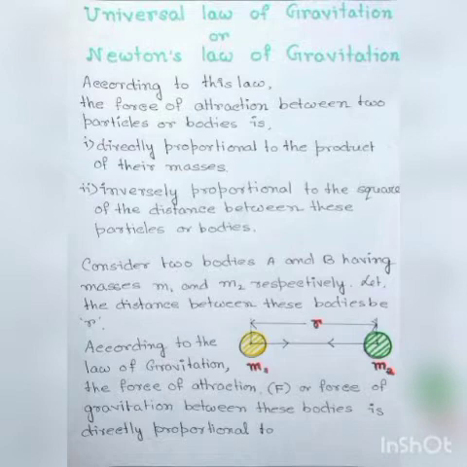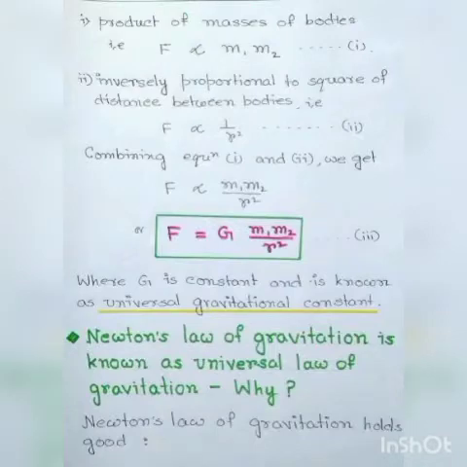According to the law of gravitation, the force of attraction between these bodies is directly proportional to, number 1, the product of masses of bodies, that is F is directly proportional to m1 into m2. Therefore, if we increase the amount of mass, force will be increased. If we decrease the mass, force will be decreased, as F is directly proportional to m1 into m2.